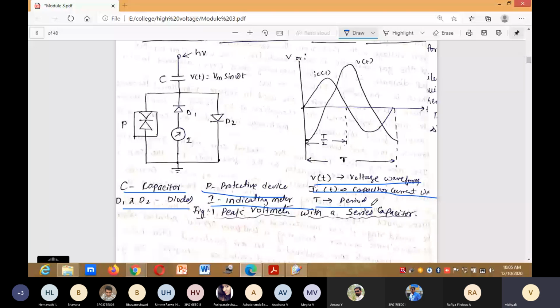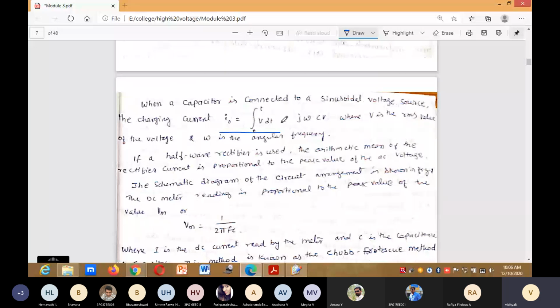When a capacitor is connected to a sinusoidal voltage source, the charging current I0 is equal to the integration from 0 to T of V dt, which equals jωCV, where V is the RMS value of the voltage and ω is the angular frequency.